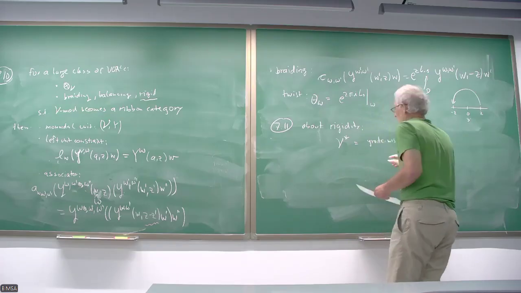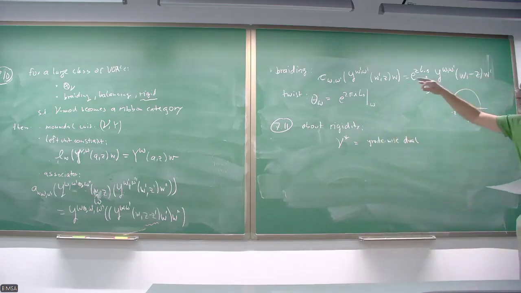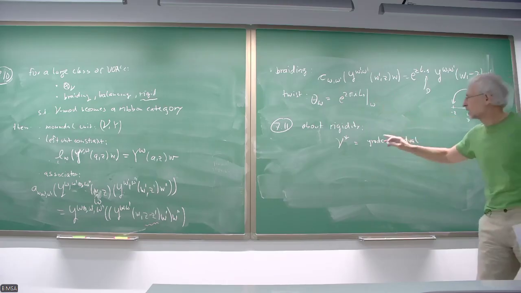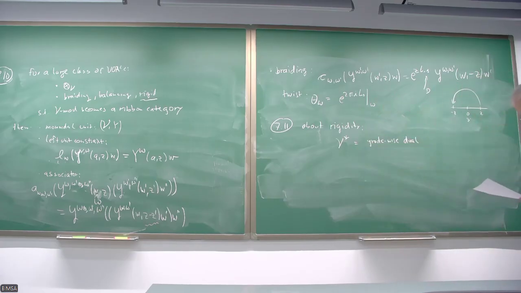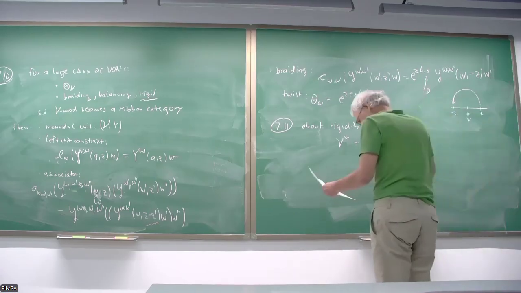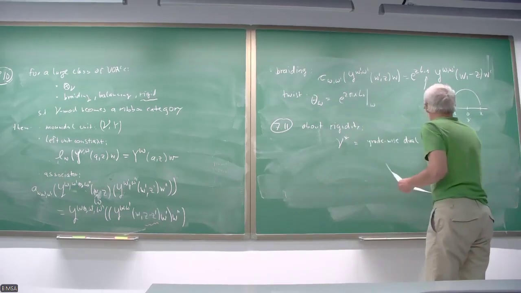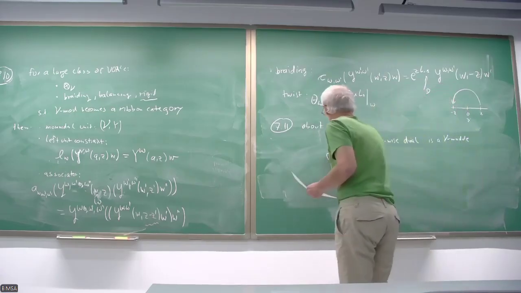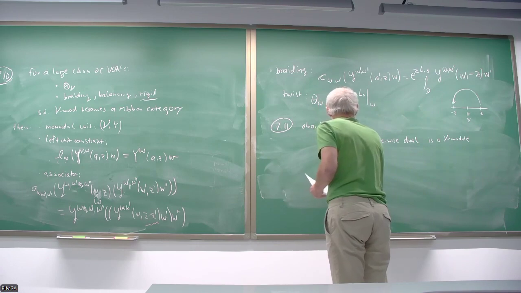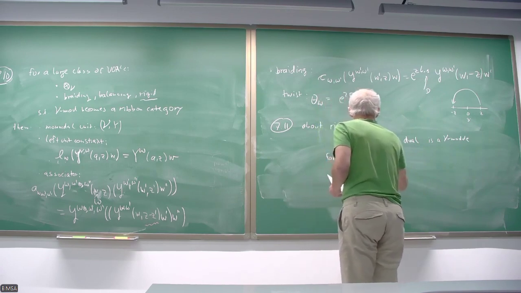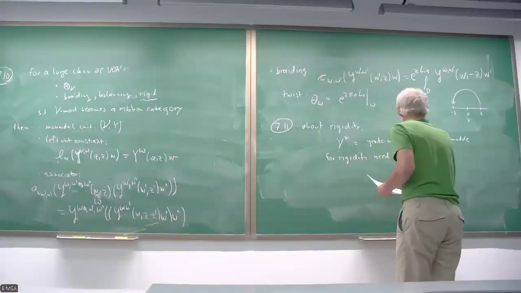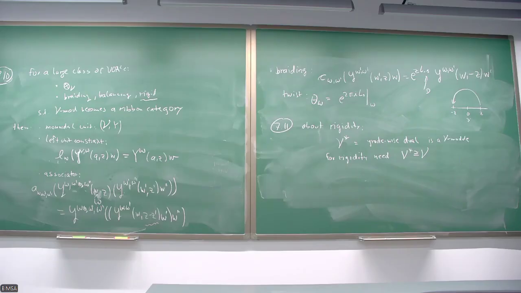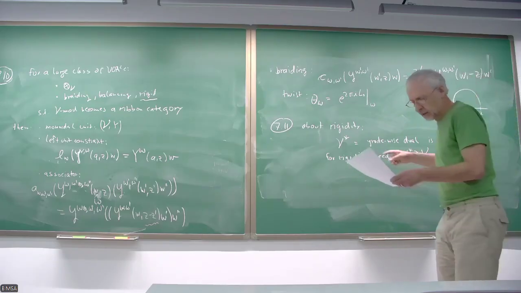And here, for example, I can look at situations where these graded components of V are all finite dimensional, and then this is just a dual of a finite dimensional vector space, and then this makes sense. This is always a V module. And for rigidity, one needs that this is actually isomorphic as a V module to 1.